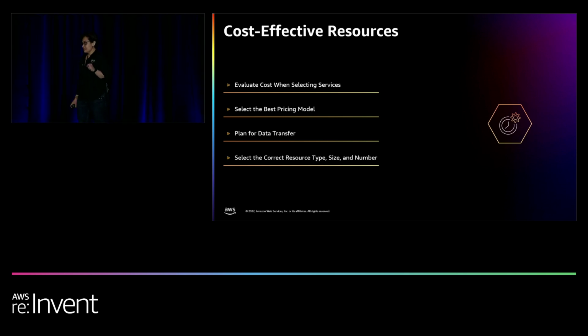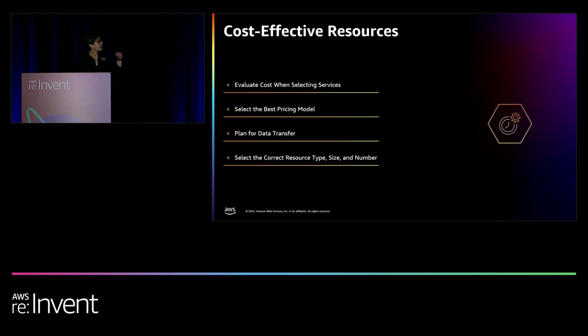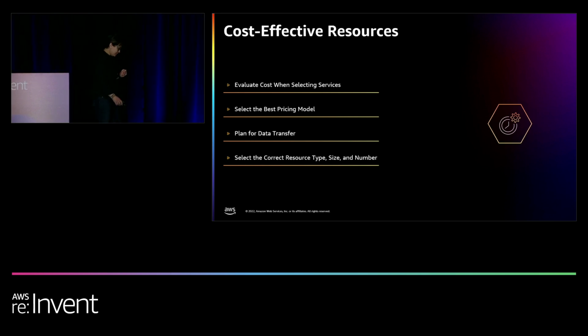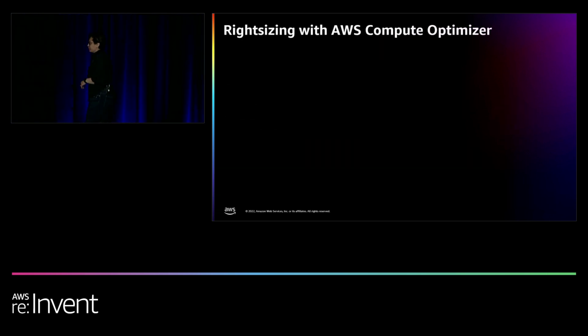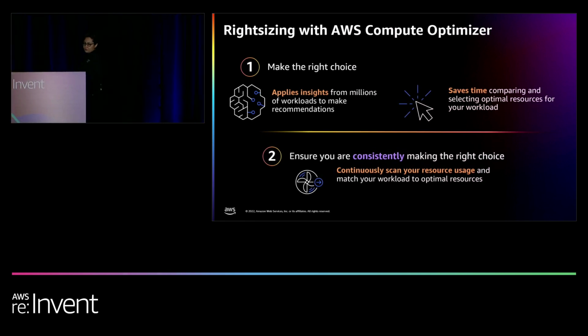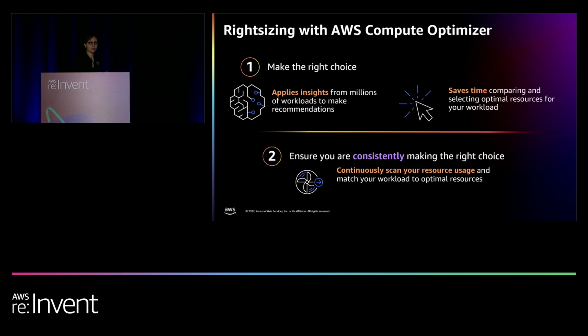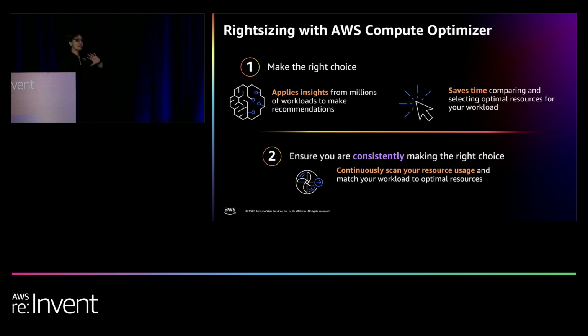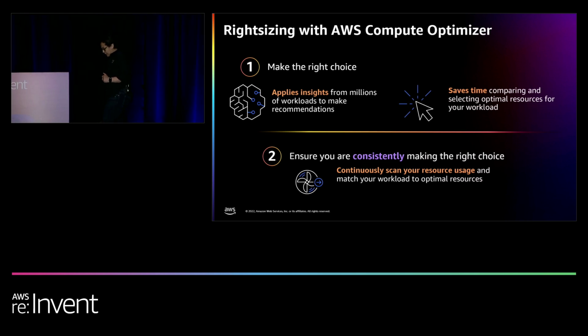So AWS got this feedback as well from customers and released Compute Optimizer, AWS Compute Optimizer, to take all of this heavy lifting from you. So what does the Compute Optimizer offer? Compute Optimizer uses machine learning in the background to go through your resources and define the characteristics of that workload, based on a dozen characteristics.